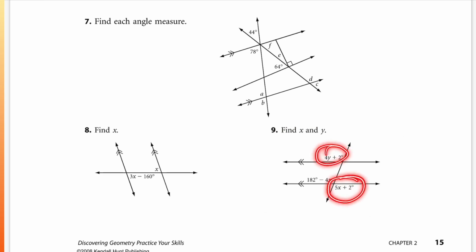So let's set these two equations equal to each other first. That's by vertical angles being congruent. Add 4x, you get 9x, subtract 2, get 180, divide by 9. X is going to be 20 degrees, or just 20.